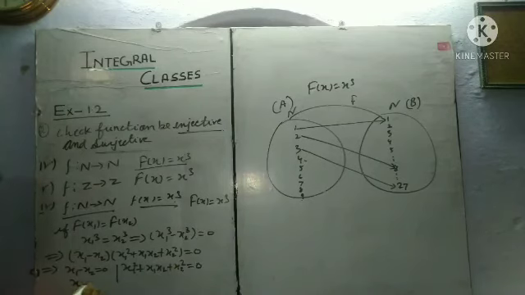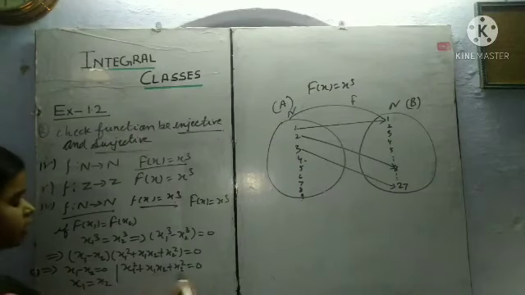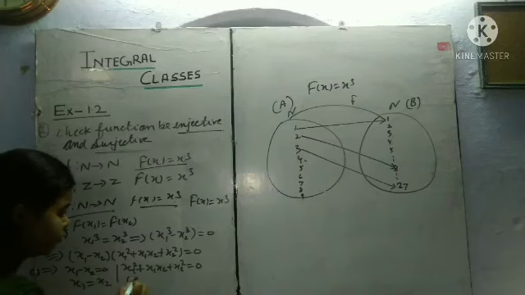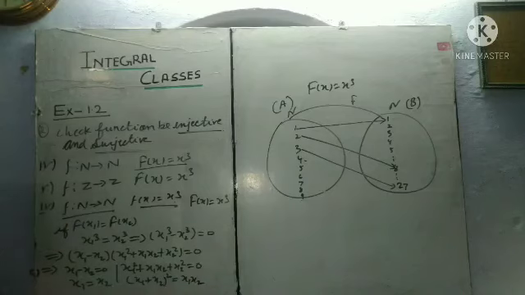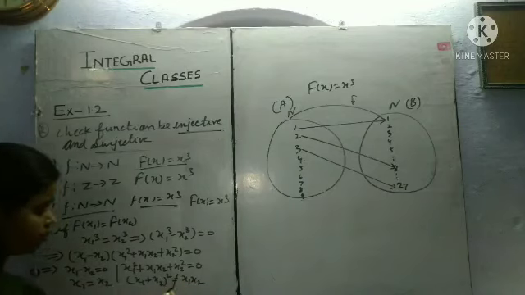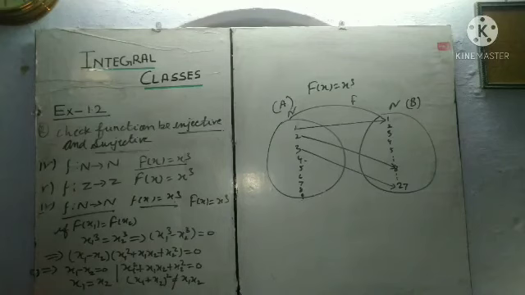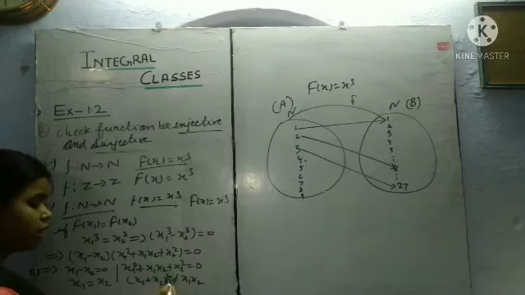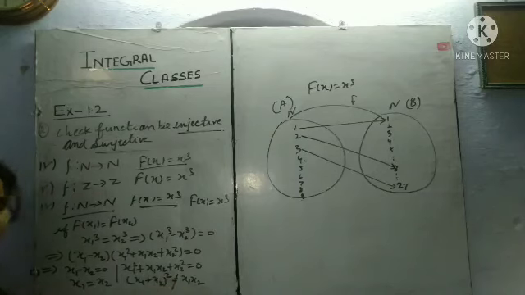Again x1 equal to x2, and if we add x1 x2 to both sides, it becomes (x1 plus x2) whole square equal to x1 x2. So student, it is not possible, because it is not justified that if we add two terms and take the square, it is equal to their multiplication.